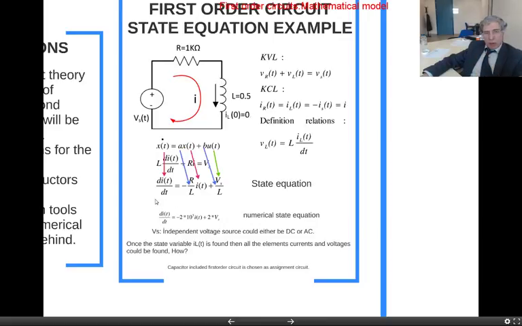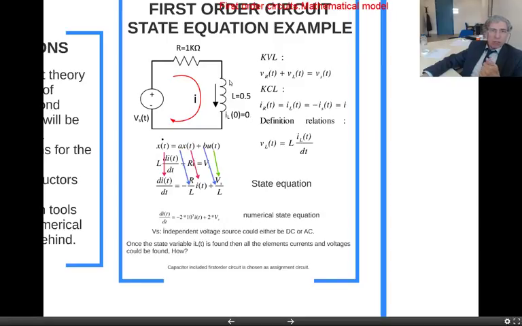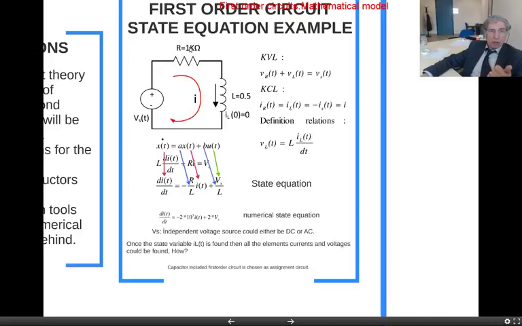Once we solve that equation, we are going to find the inductor current. Once we found the inductor current, then I can find the inductor voltage by using the definition relation. Since the inductor current equals the resistor current, I can say what the resistor current is, and multiply this resistor current with the 1K, I get the resistor voltage, and this independent voltage source current is equal to the negative of the resistor current.